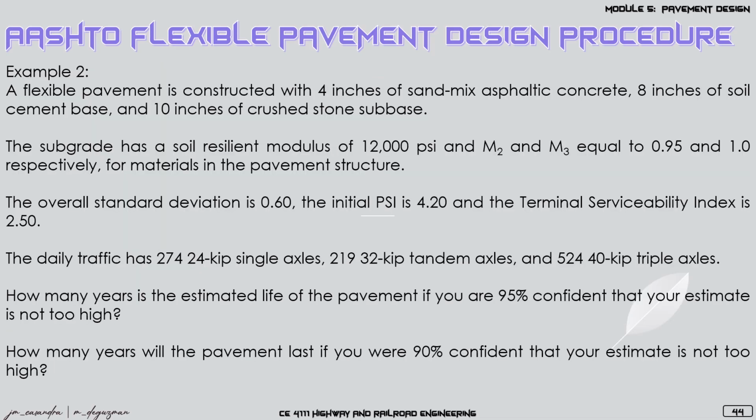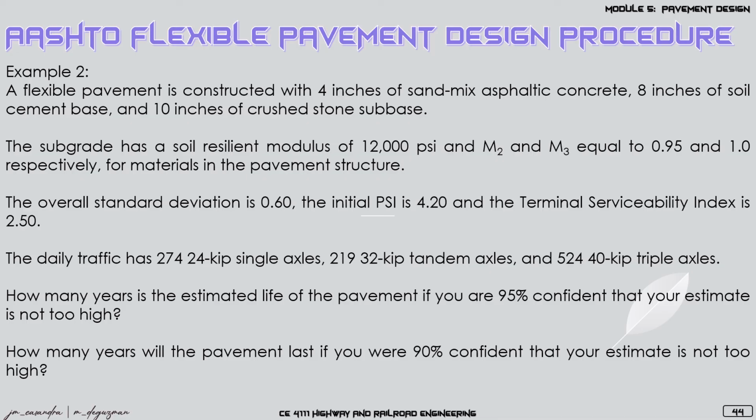Now, example number 2. A flexible pavement is constructed with 4 inches of sand mix asphaltic concrete, 8 inches of soil cement base, and 10 inches of crushed stone subbase. The subgrade has a soil resilient modulus of 12,000 psi.